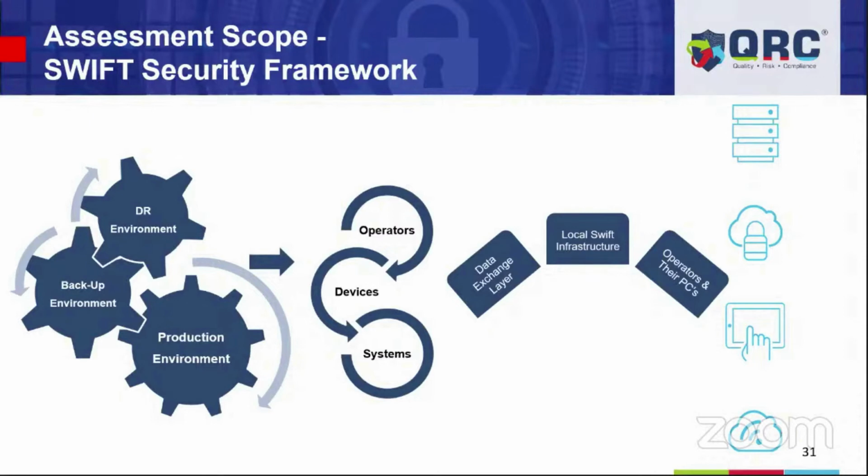Further, if you are replicating or using DR, disaster recovery sites, where some of the components might be real time, the data is transferred or stored, then you have to consider that DR in your scope as well. And if you maintain some backup environment where you store data, then definitely all these three environments have to be under the scope.